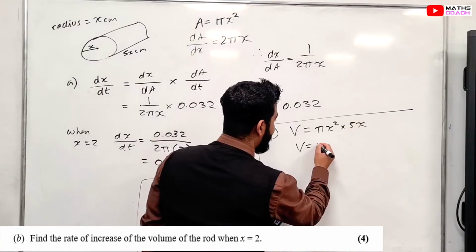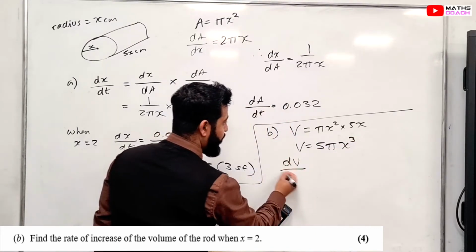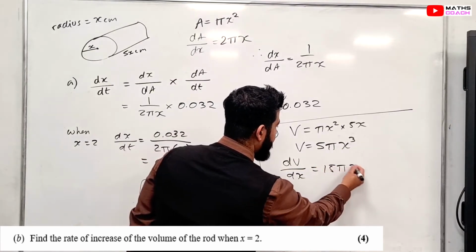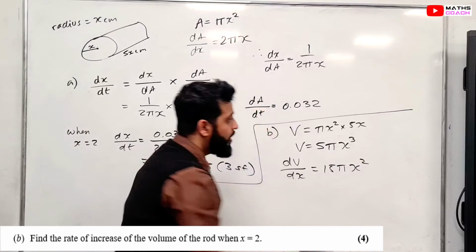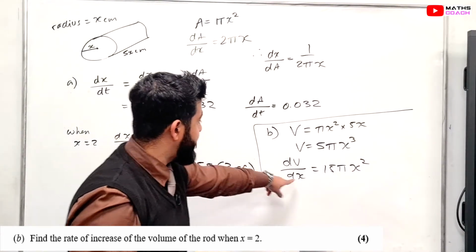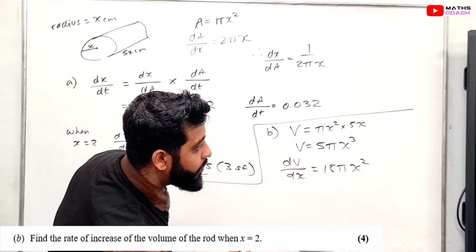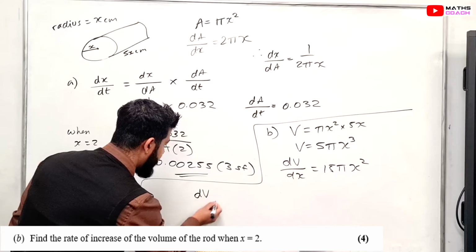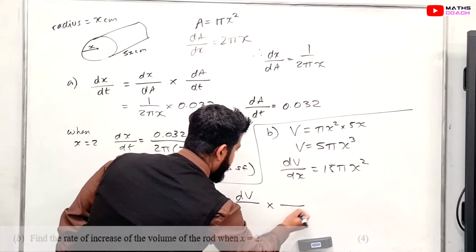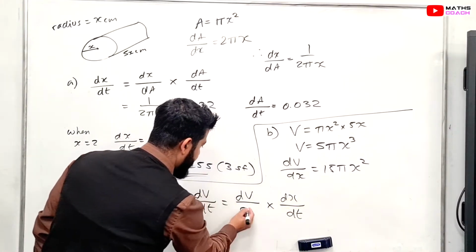To simplify this, we get 5 pi x cubed, and therefore dV over dx would be 15 pi x squared. This is the rate of increase with respect to the radius. What do we want to find? The rate of increase of the volume of the rod, so dV over dt. We want dV here and dt there, and we are going to have dx and dx right there.